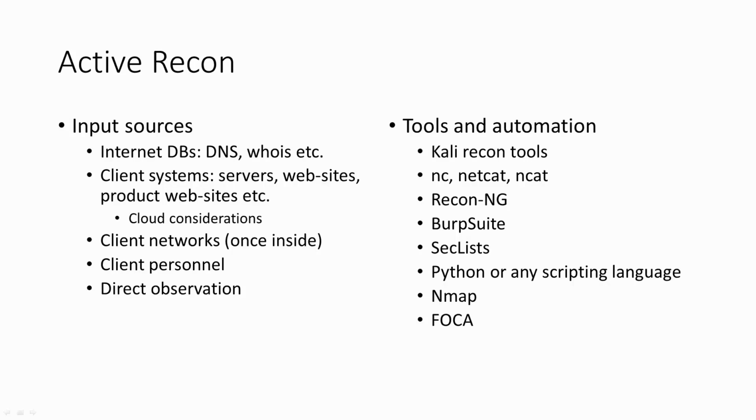But still, if we find ourselves in a situation when, for example, during active reconnaissance we find out that our knowledge about what software and what vendors are used by the client is extended, we have to go back to passive recon and find out more about what it is, how it can be used, how it can be misused, how it can be exploited, and so on.